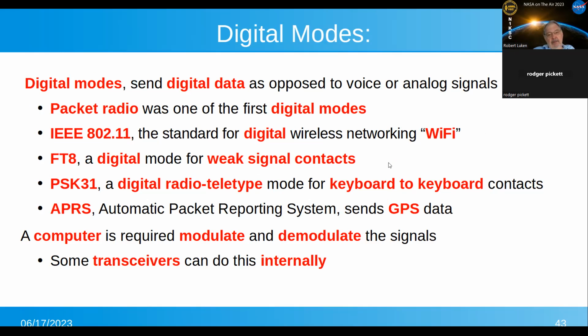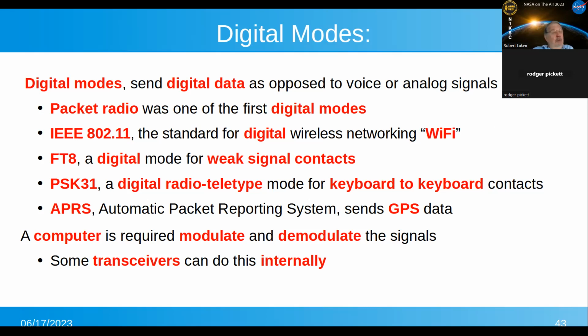FT8 is probably the most popular of the newer digital modes. It was developed by Joe Taylor at Princeton, and he got a Nobel Prize for doing some weak signal work. He developed these protocols that FT8 is based on in order to detect satellites and such at astronomical distances.